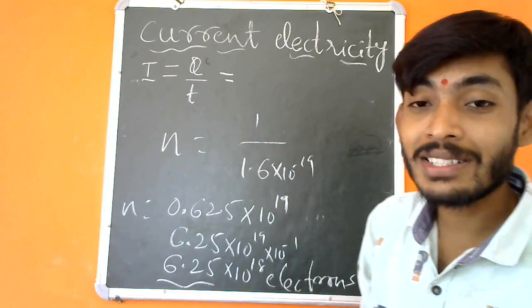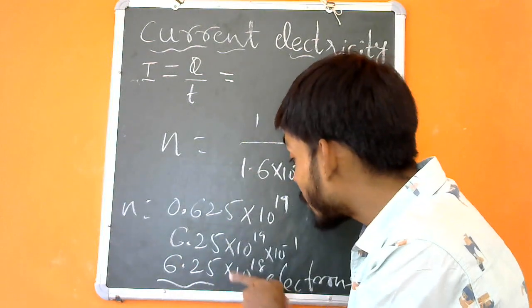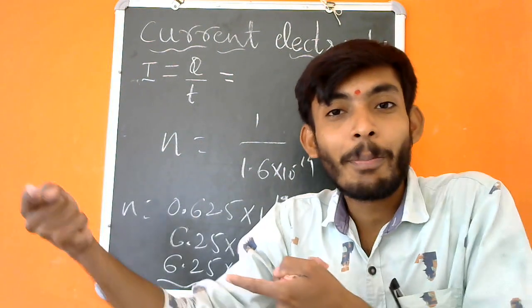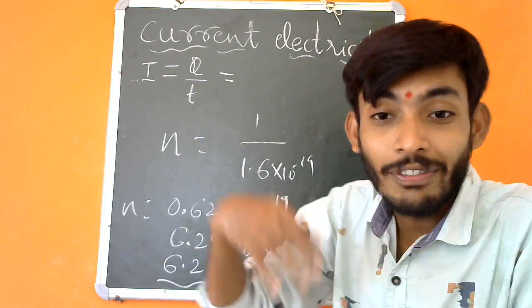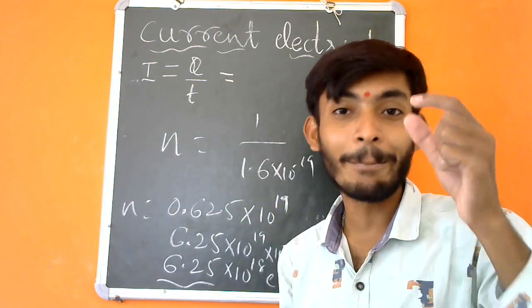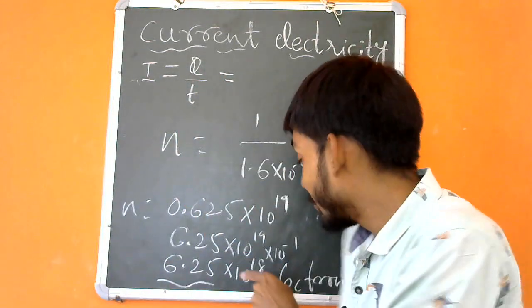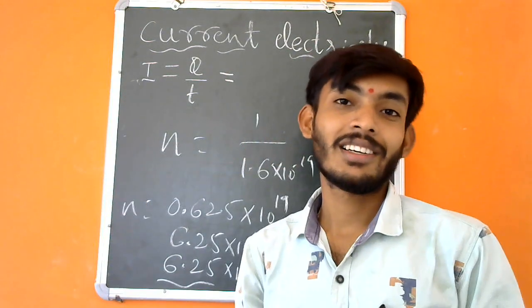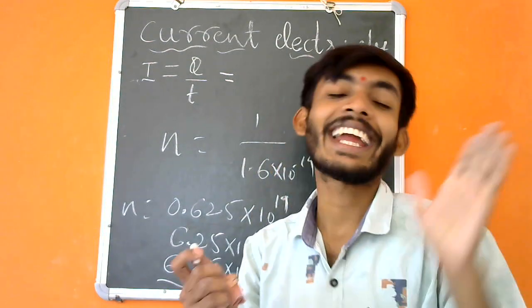So when 6.25 into 10 power 18 electrons pass through the conductor in 1 second, we can define it like that also. 1 ampere means 6.25 into 10 power 18 electrons pass the cross section of the conductor in 1 second.